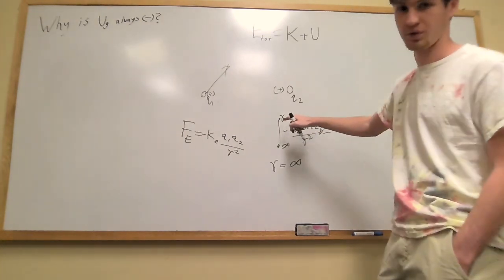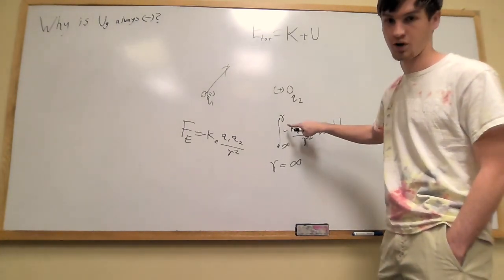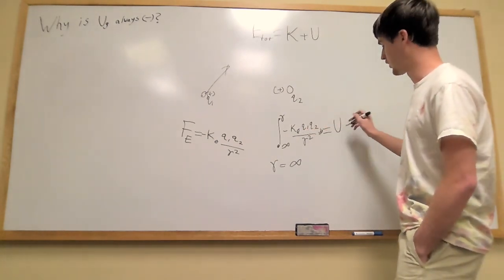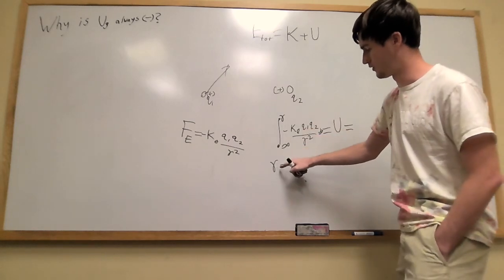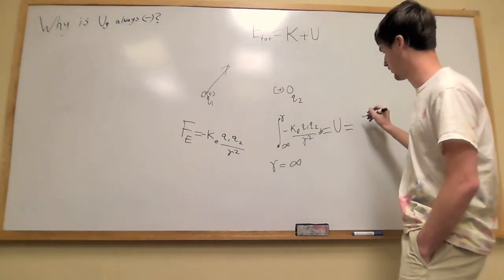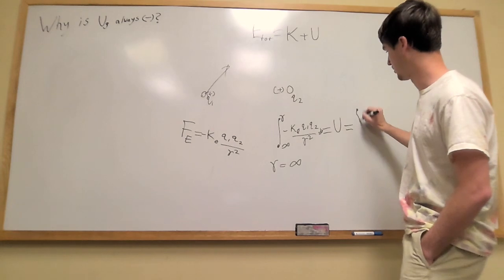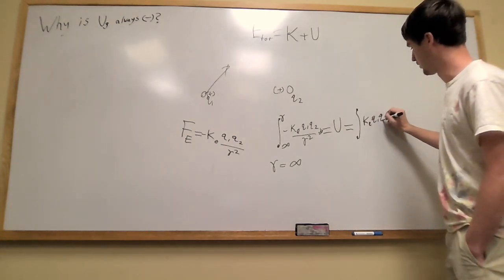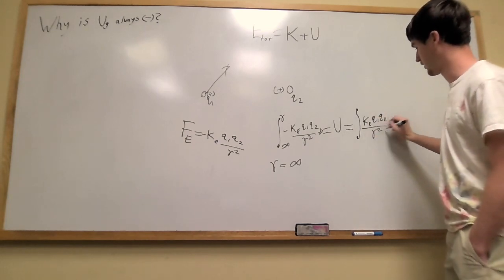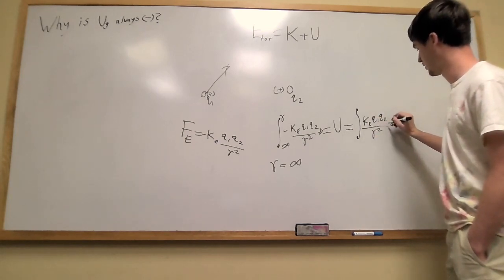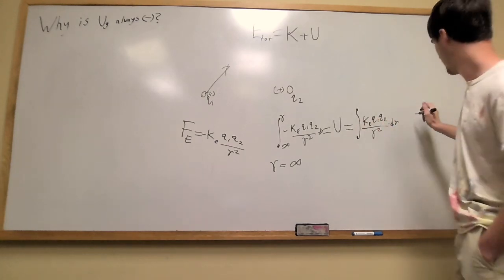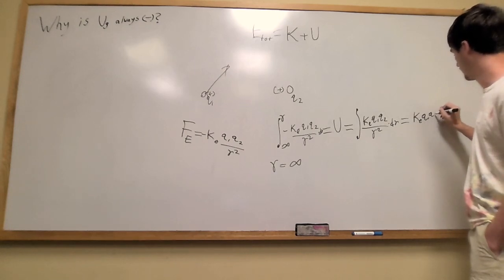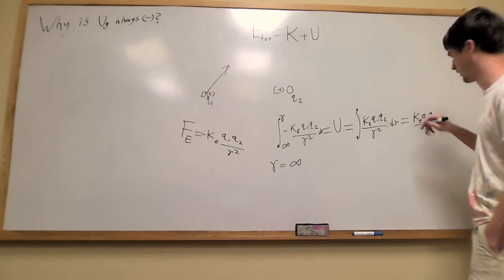And this could get a little weird with indefinite integrals. I'm using the same r; you're supposed to use a different one, but it doesn't matter. So now, like I said, you could flip the sign on the integral if you swap the bounds, which would cancel this sign, so it actually would be just the regular integral of k_e Q1 Q2 over r squared dr. And this comes out to k_e Q1 Q2 over r.